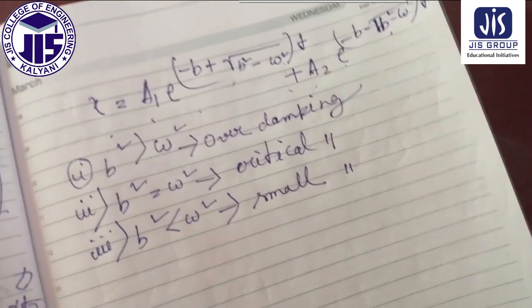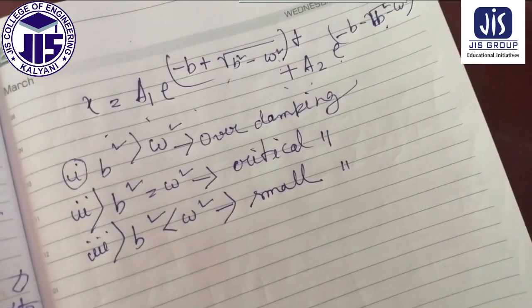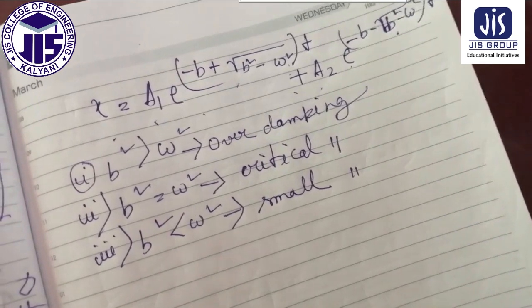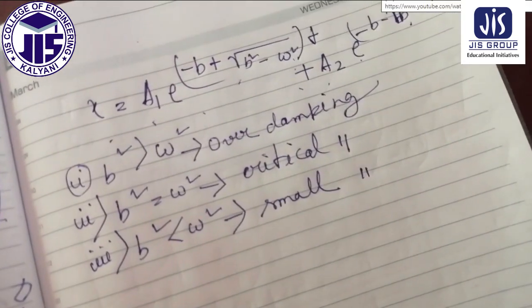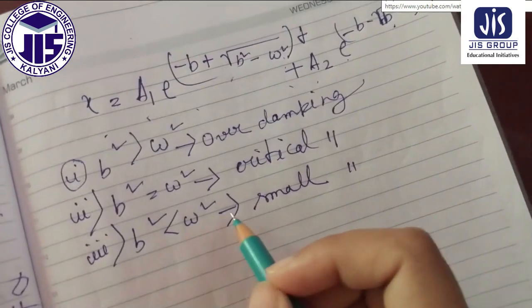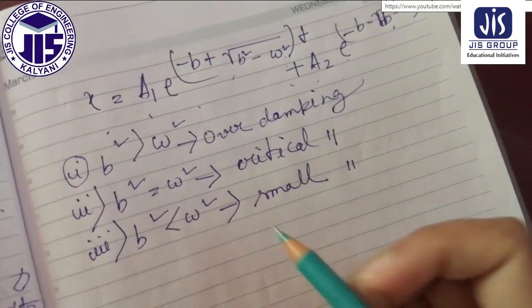So first, when b square is greater than omega square, in that case it is called over damping.